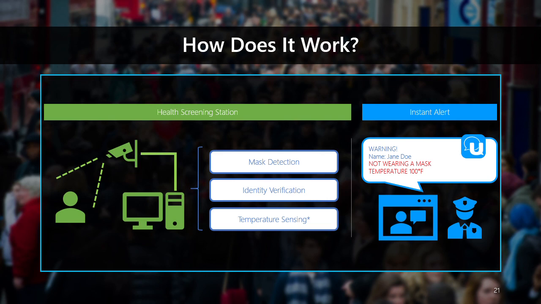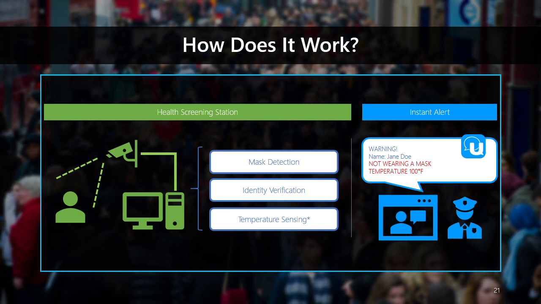Or some deployments use a thermal camera, but the security guy needs to stare at the monitor the whole day to notice whether there is a red part on people's foreheads. So this is time consuming and labor intensive, and it still carries some risk of contact under COVID-19.